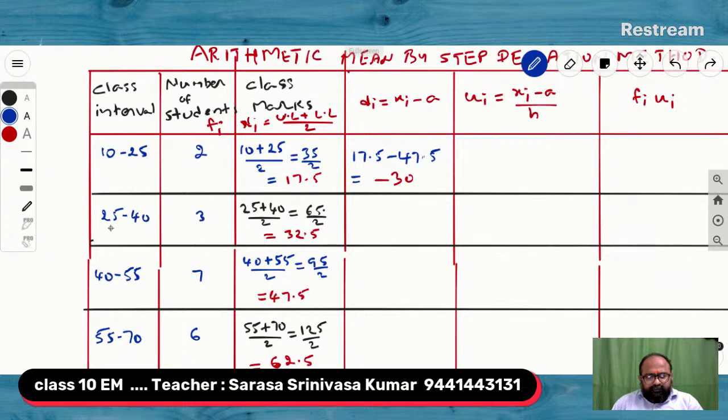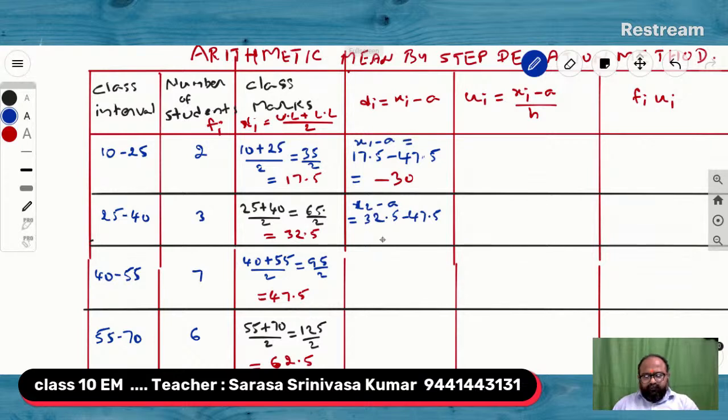Now for the class interval 25 to 40, we can find d2. That is, d1 is found. Now we can find d2. d2 means x2 minus a, which is 32.5 minus 47.5.